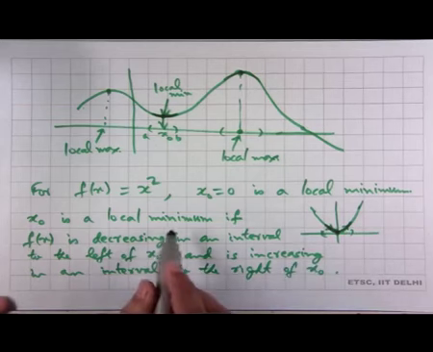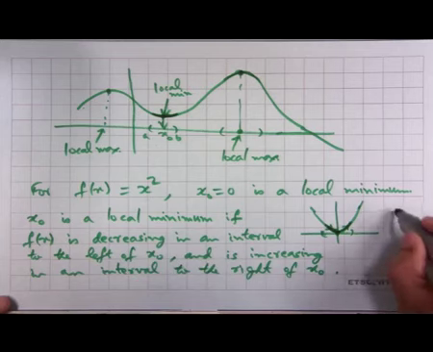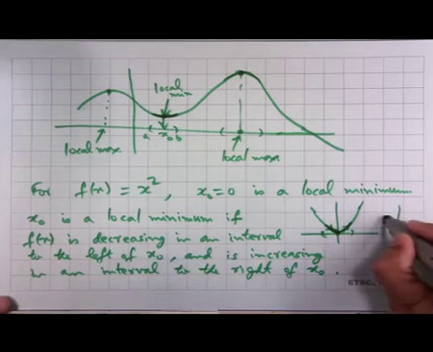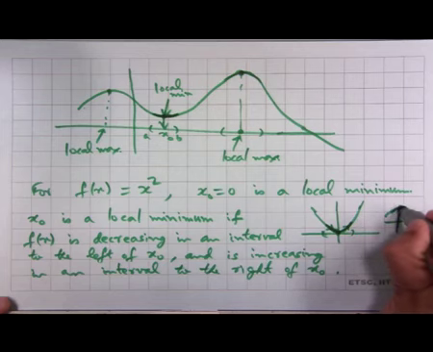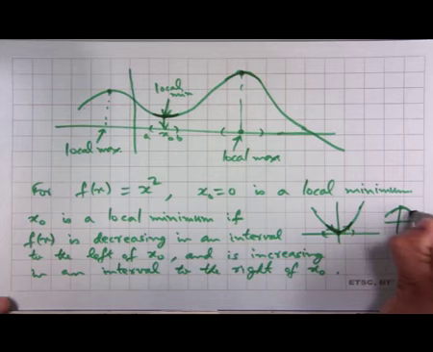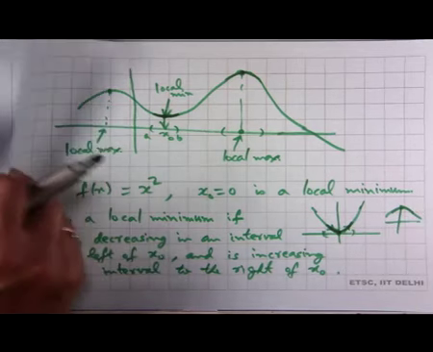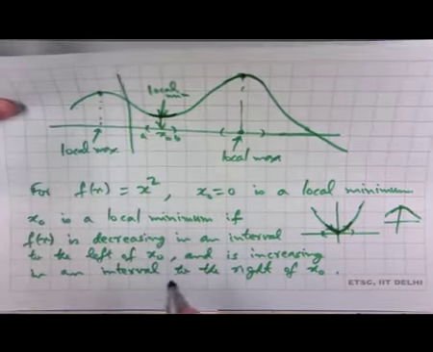Similarly, for local maximum it will be the other way. For local maximum, the function is increasing to the left of x naught and decreasing to the right of x naught. And now this we can express in terms of the derivative.